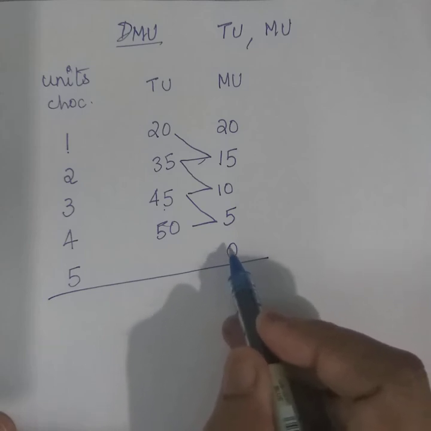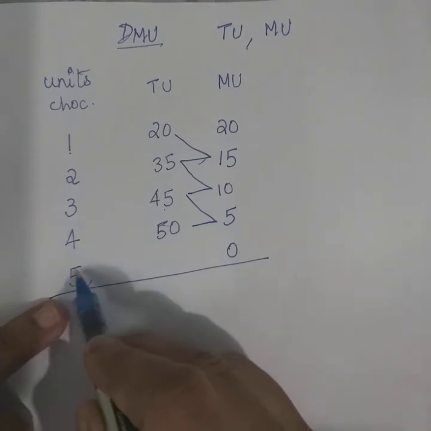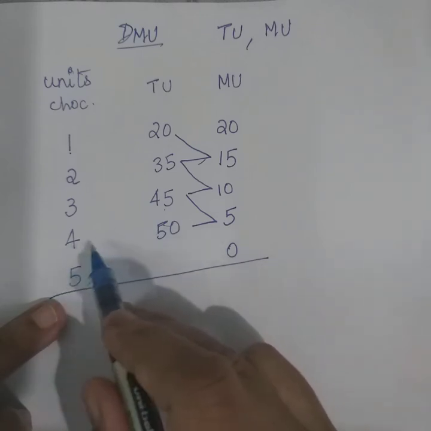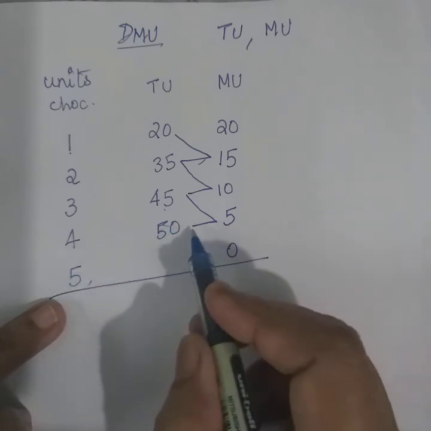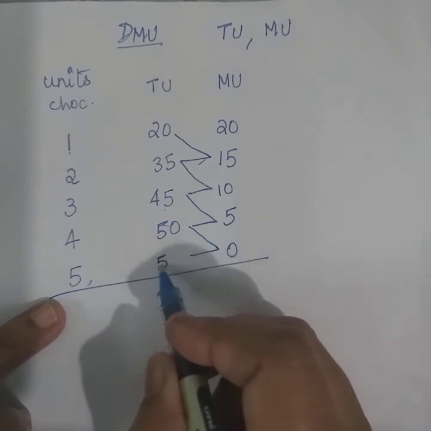In that case, the total utility of 5 units will be the total utility of 4 units, that is 50, plus 0, so that would be 50 once more.